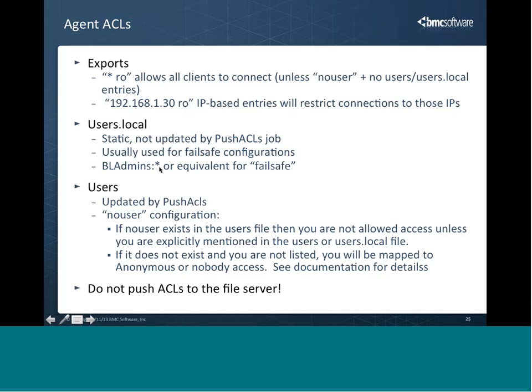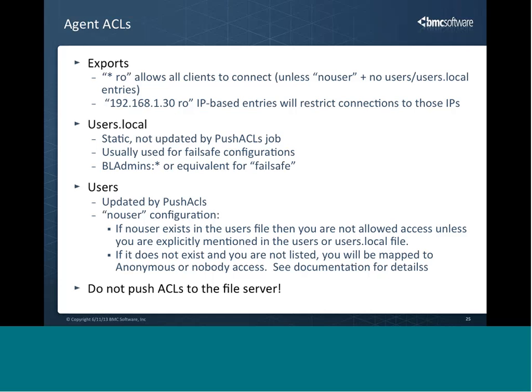And then you're just responsible for maintaining it at the app server level. Very handy, very simple configuration. BLAdmins: map it to whatever the correct user account is, and then it's very difficult to lock that role accidentally out of your environment.